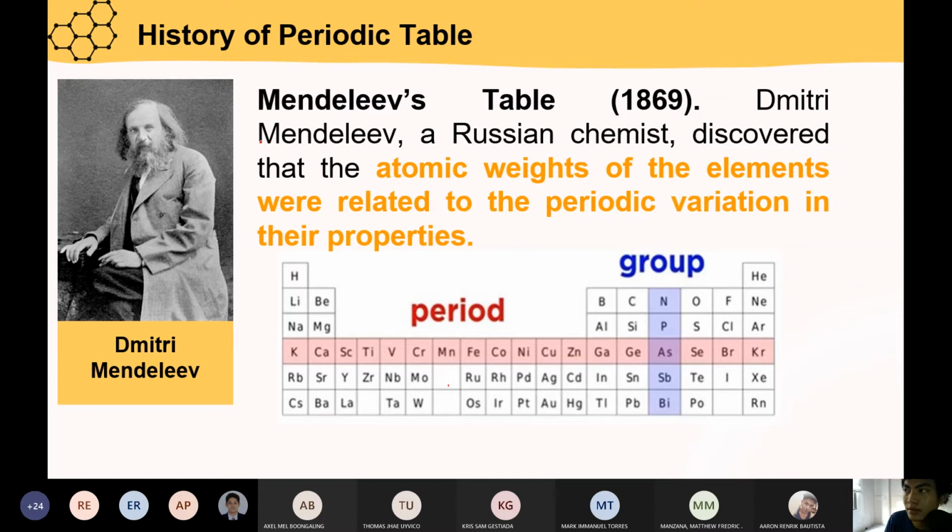Okay, so Dimitri arranged the elements in terms of atomic weights and their periodic variation. So as a result, instead of having 8 groups, now we have 18 groups, no? One group, second group, this is 10, and then the remaining 6 groups, okay? So that is our periodic table now. So his groups increased, no?